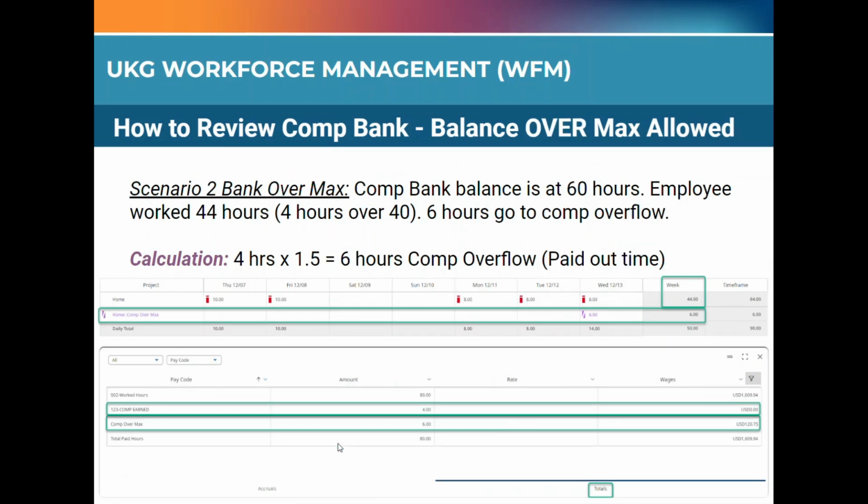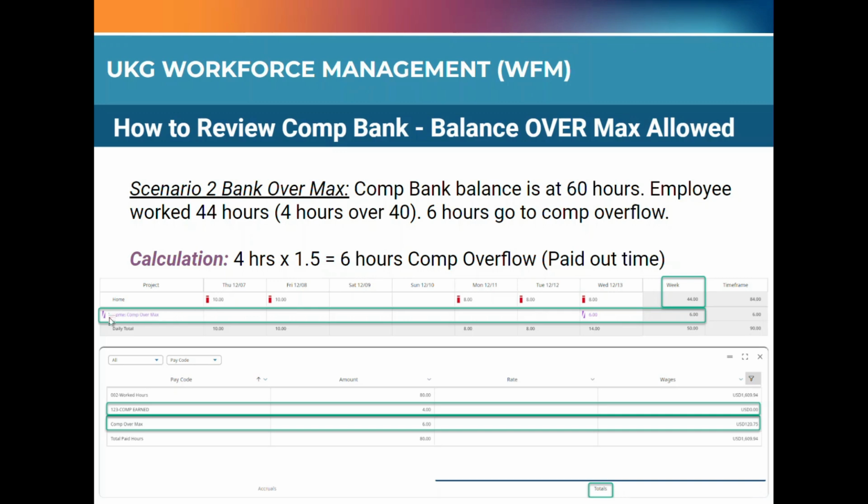If our comp bank has reached its limit of 60 hours, again, our employee worked 44 hours, so 4 hours over 40. 6 hours will go to comp overflow, meaning it's going to get paid out. Again, it's 4 hours times 1.5, which equals 6 hours.